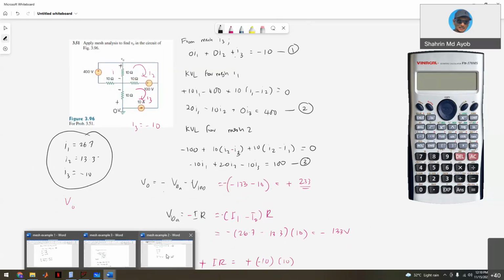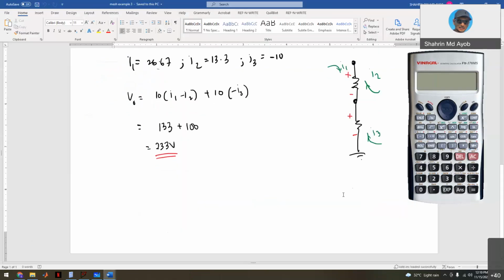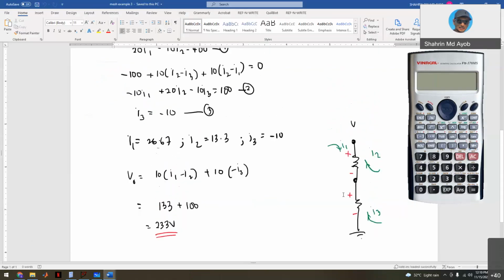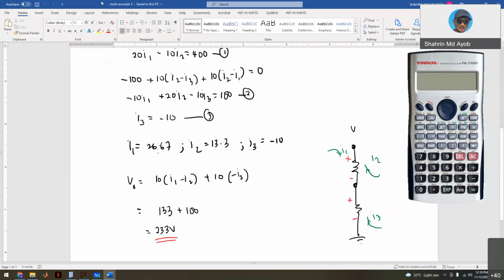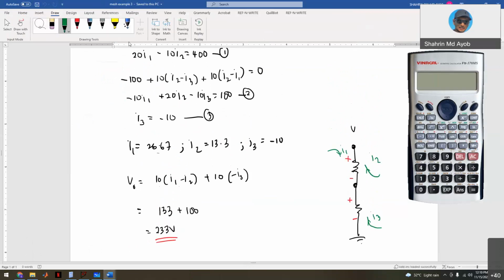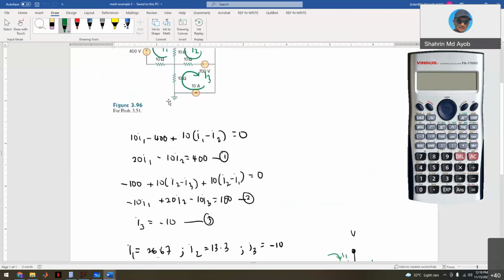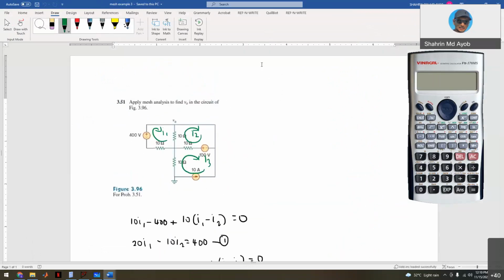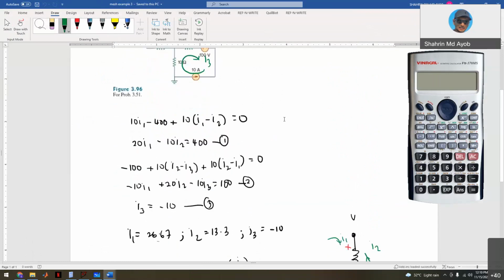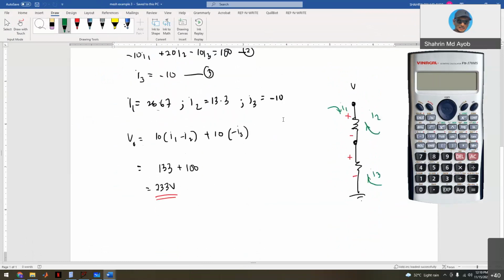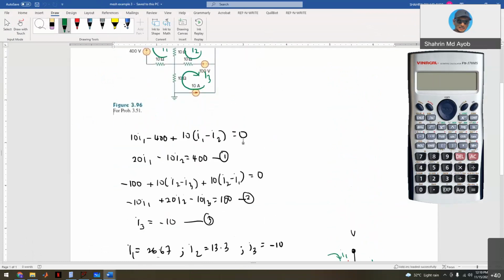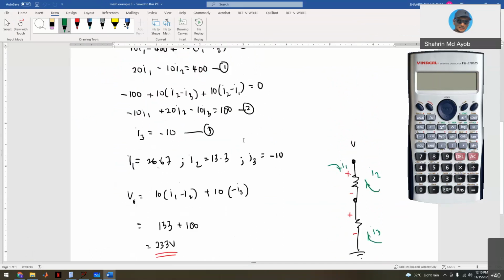This one I need to double check whether I'm correct or not. I will send the solution for all the questions in the WhatsApp group.